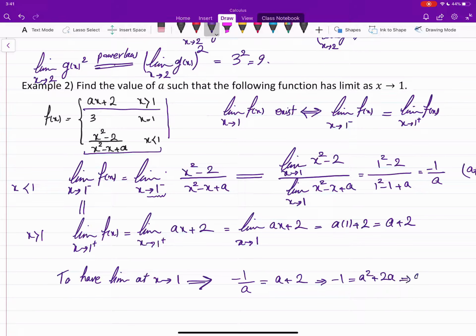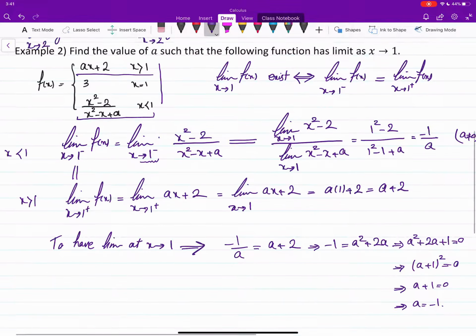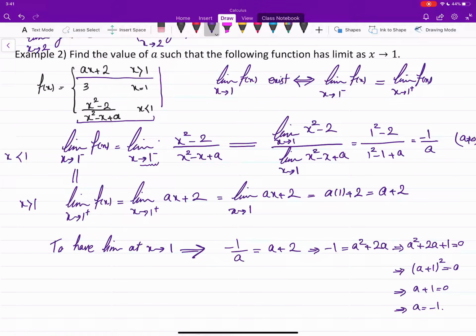And then we have a squared plus 2a plus 1 equals 0. This is a quadratic equation for a, and actually we can factor it, and we get (a plus 1) squared equal to 0. As a result, a needs to be negative 1.